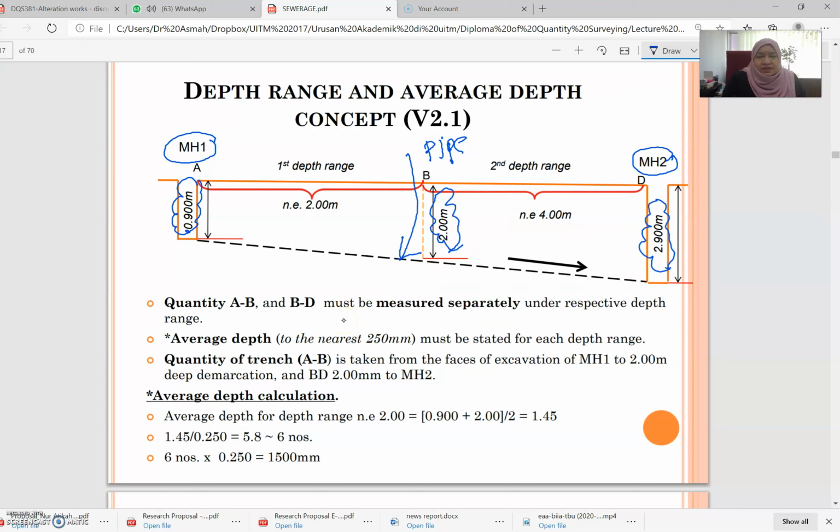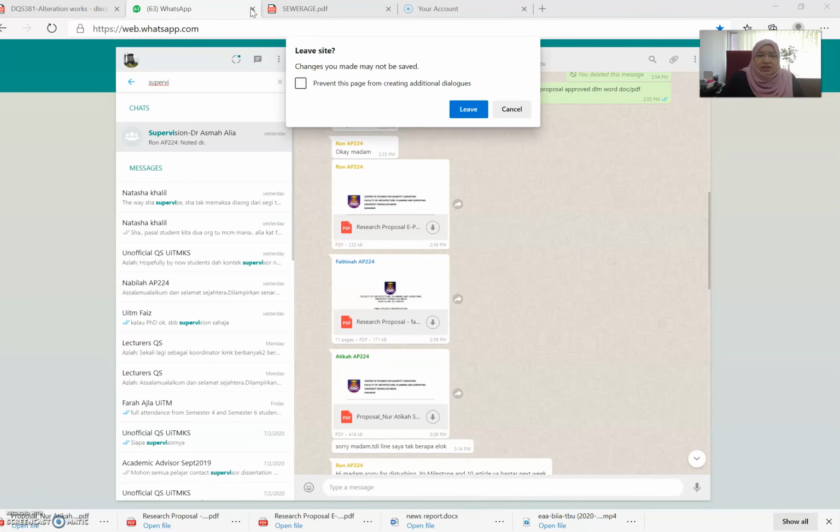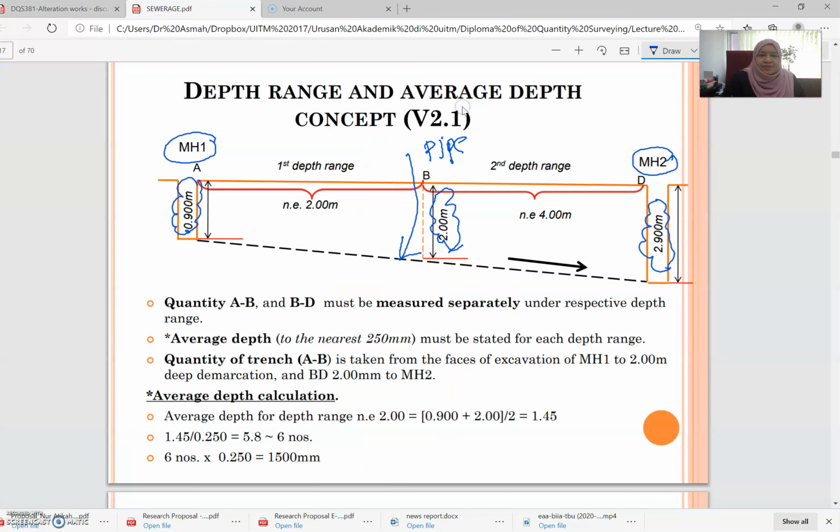Remember, the principle is where it started. Second, depth range of 2 meter and average depth 0.25. Okay, so let's look at this depth range.